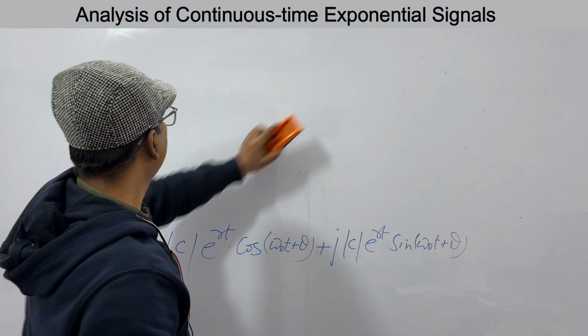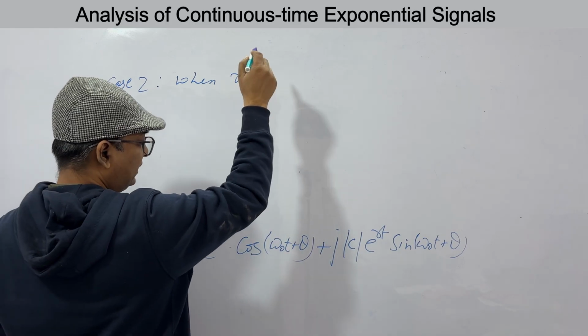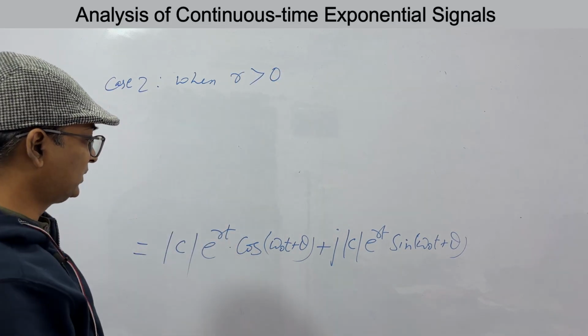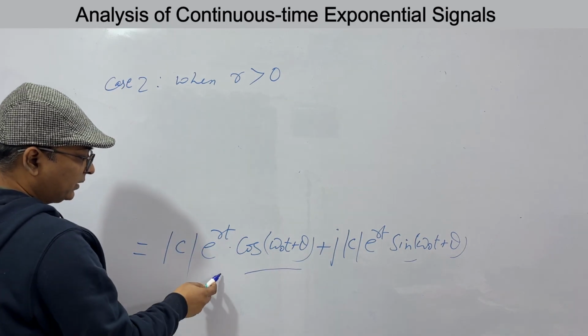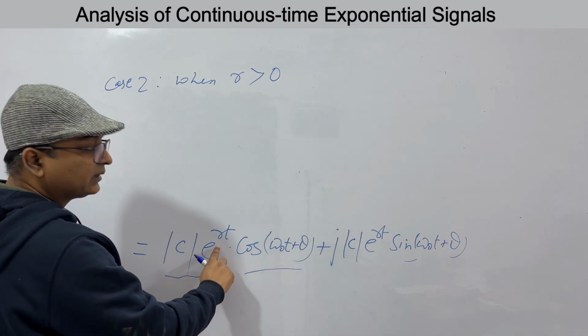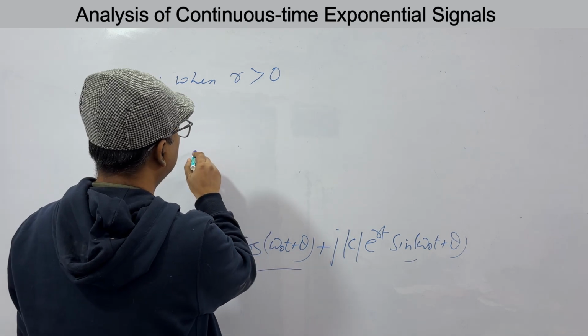Now case 2, when r is greater than 0, when r is positive. Now you see, this is sinusoidal, this is positive, and this is exponentially increasing. So the graph that we'll get will be like this.